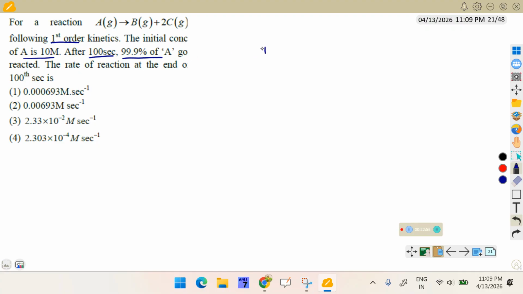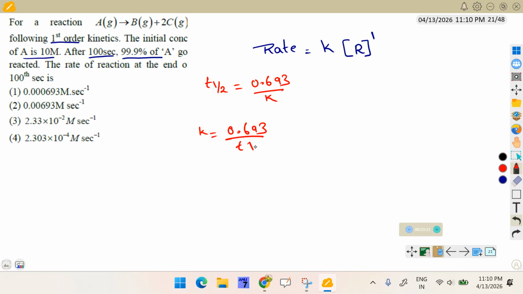It is a first order reaction. Rate is equal to K into concentration of reactant whole power 1. First calculate the value of K. It is a first order reaction. t half is equal to 0.693 by K. If you want K, K is equal to 0.693 by t half.